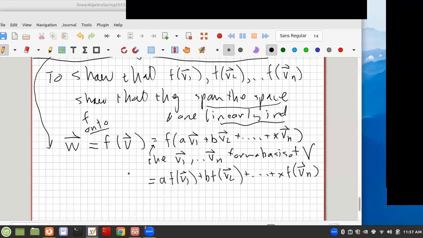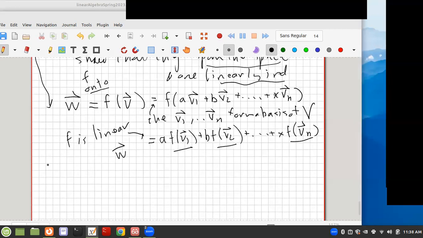This is because F is linear, right? What this means is that W equals a linear combination of the images of the original vectors, F of V1, F of V2, F of Vn.